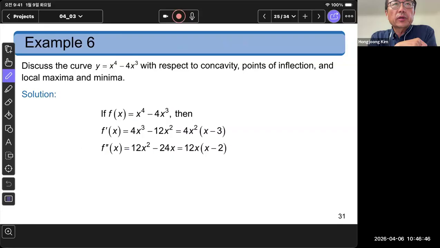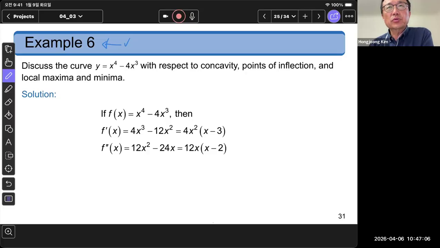So let us consider the following example. Discuss the curve with respect to concavity, points of inflection, and local maxima and local minima. So I may give you some problem like this, like the problem in example 6.